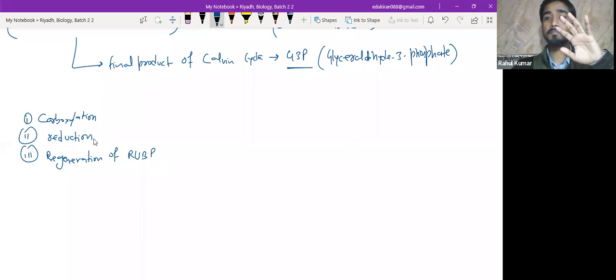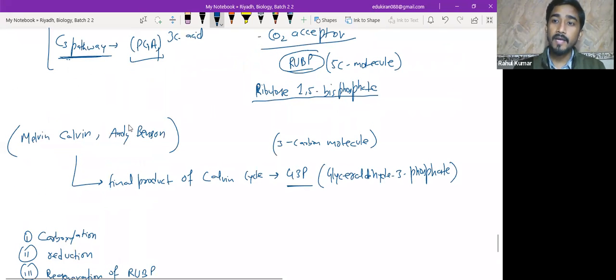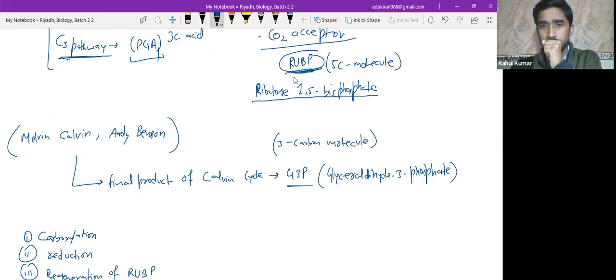So this Calvin pathway managed to end at the same place from where it began, this RuBP. RuBP accepts a CO2, goes through the whole pathway, then finally comes and becomes RuBP to accept another CO2. Do you understand?